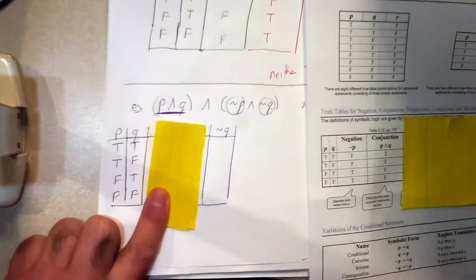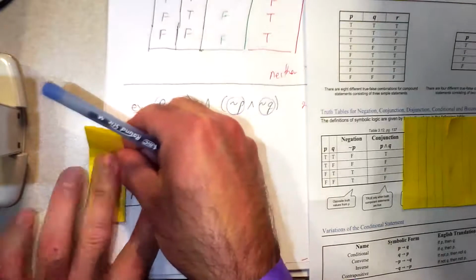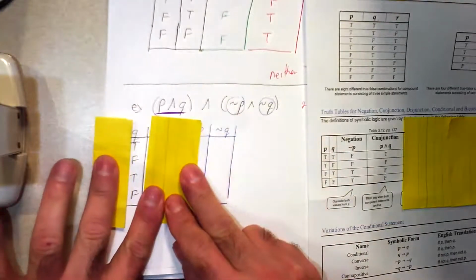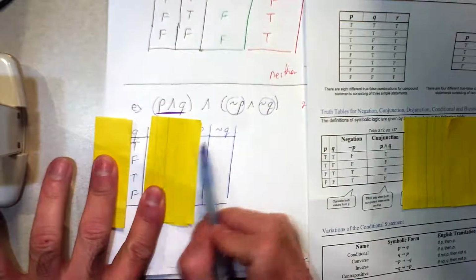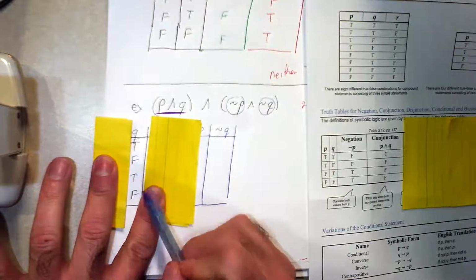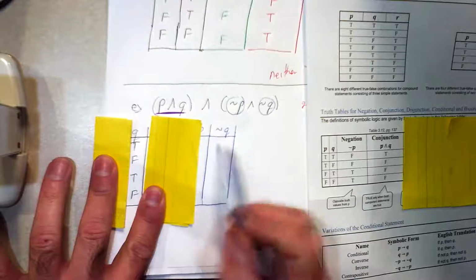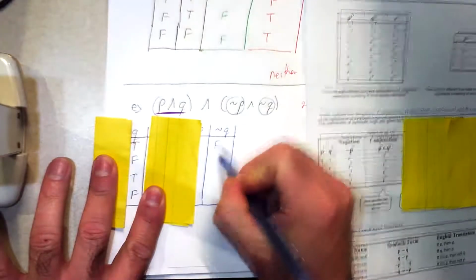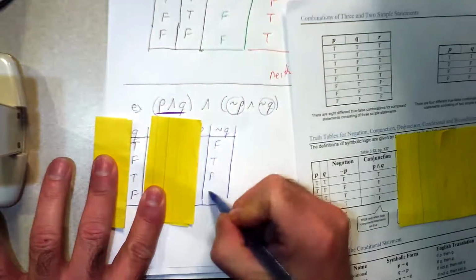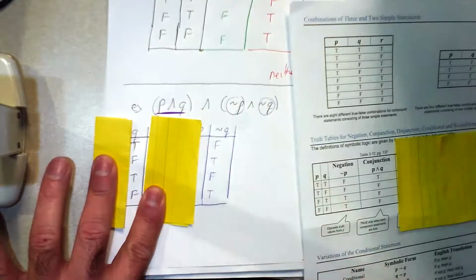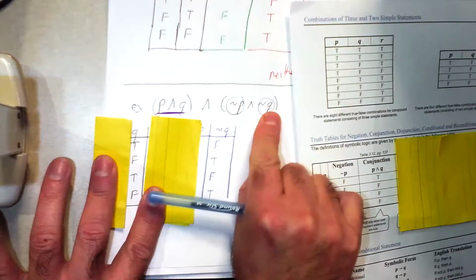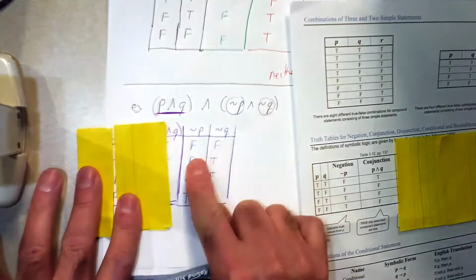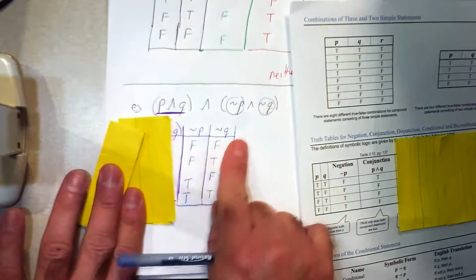I want to do the opposite of the Q results, right? So I'm covering up those two. Now I want to do the opposites. Q is TF, TF. So that would be F, T, F, T. Okay, because we're doing the opposites. So that's that one, and that's that one. There is the not P, and there's the not Q.